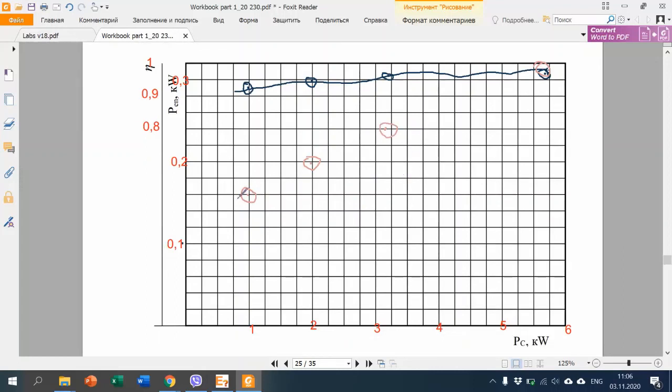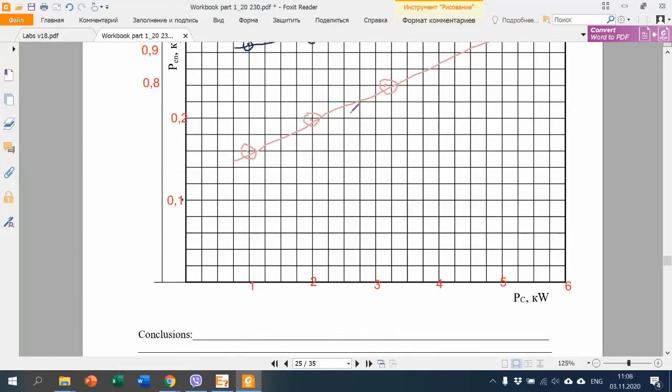So something like that. Don't forget to mark this power, this efficiency.